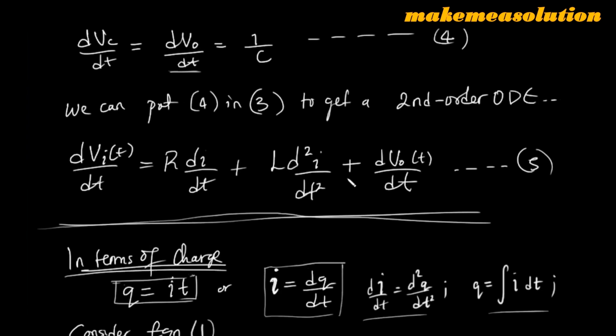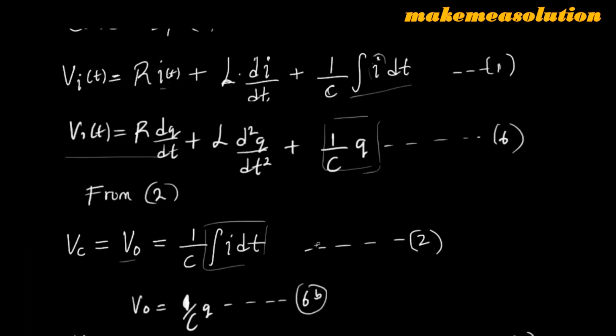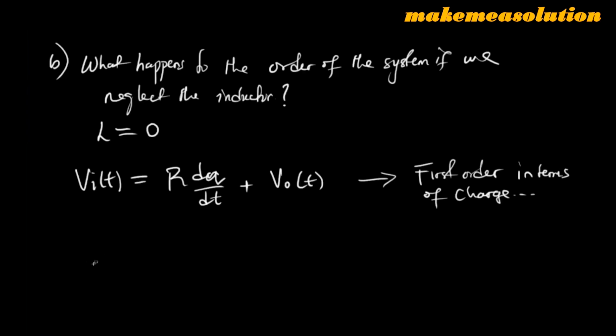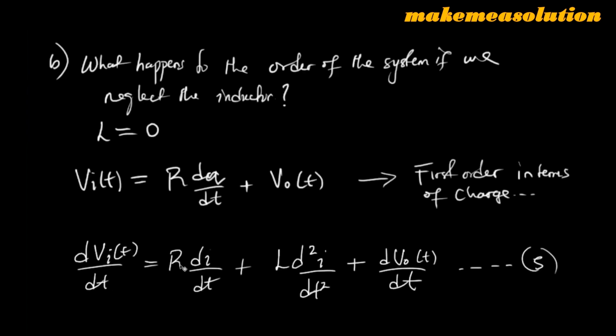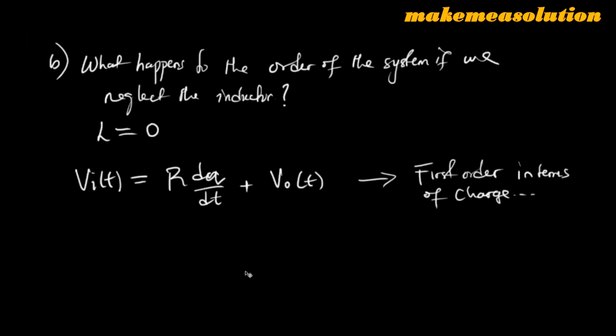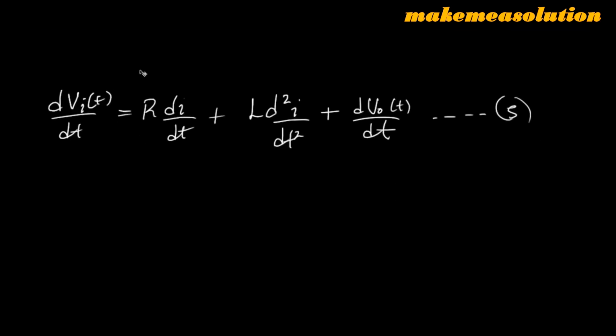So if you stick with the current equivalent and replace L with 0, as if it never exists, from equation 5, putting L equal to 0.